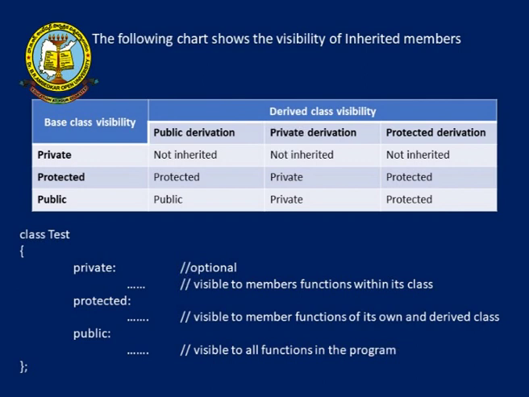The functions may be the member functions of the same class or they may be the derived class functions. The public members are available to all the functions in the program. So, this chart will give you the complete information about how the visibility of the base class will be changed into another visibility in the derived class.